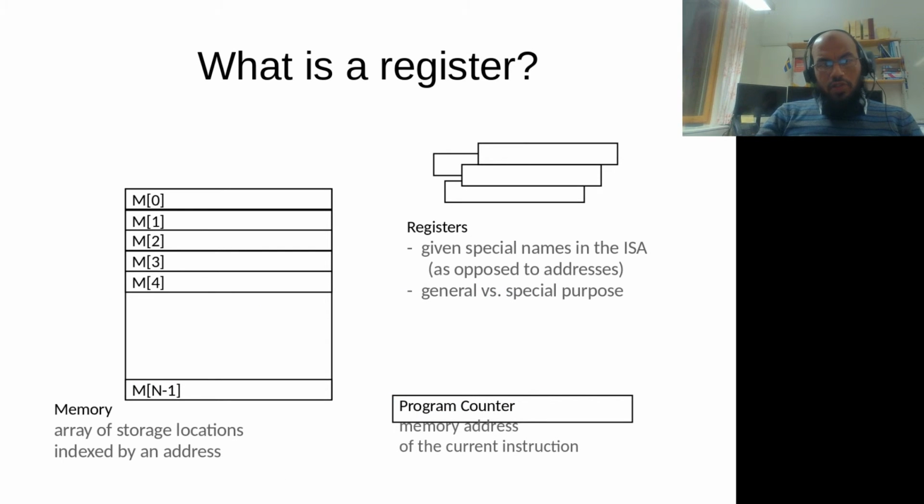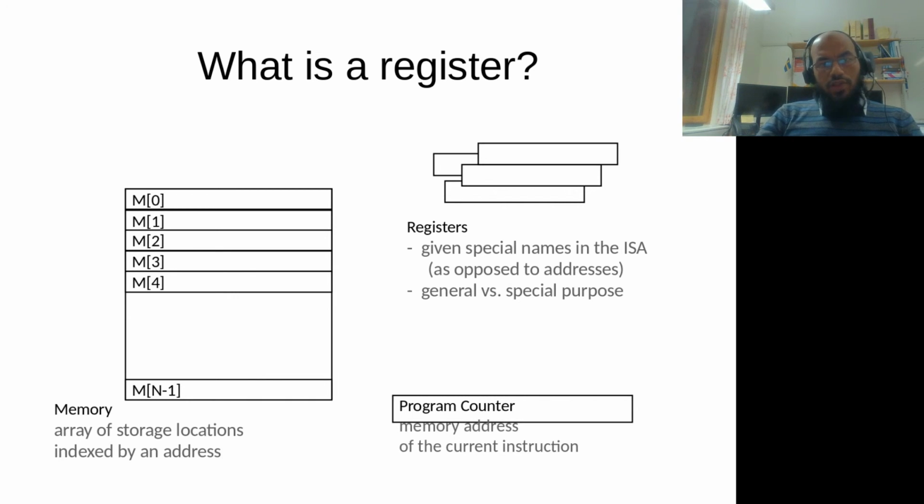Again, what's a register? You have the memory, which is basically an array of storage locations. It's some 8-bit, 32-bit, or 64-bit lines that look like that, and you address them using an index. And that index is your program counter typically.